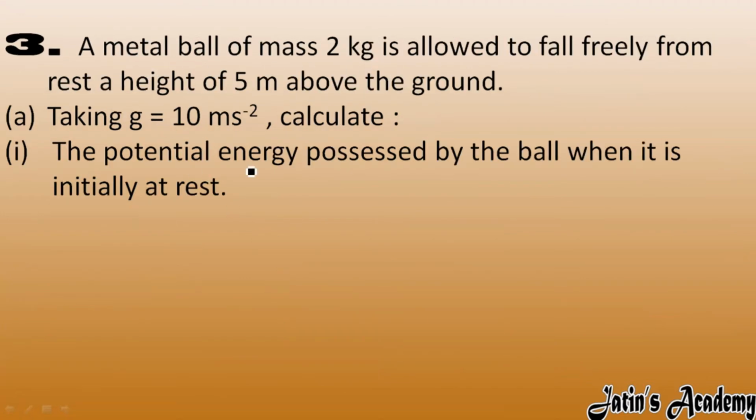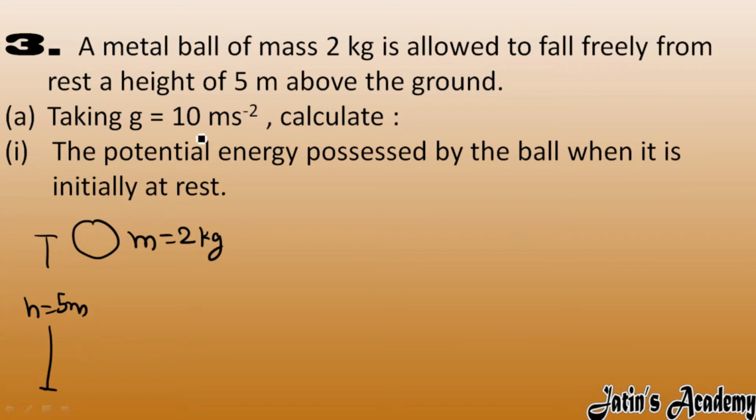A metal ball whose mass is given as 2 kg is allowed to fall freely from rest at a height of 5 meter above the ground. Taking g value as 10, we have to calculate the potential energy possessed by the ball when it is initially at rest.